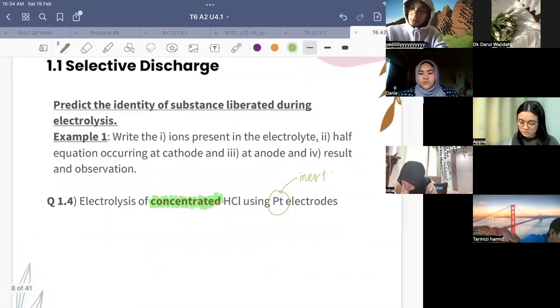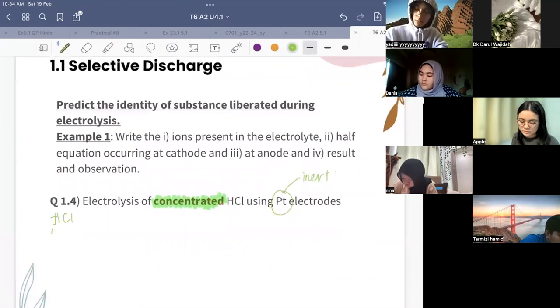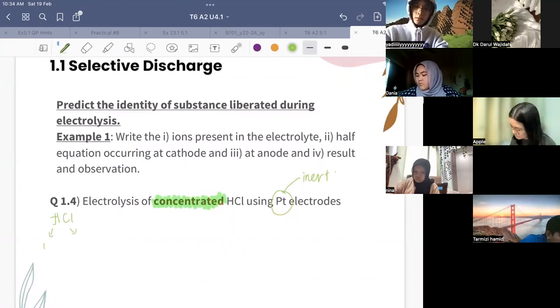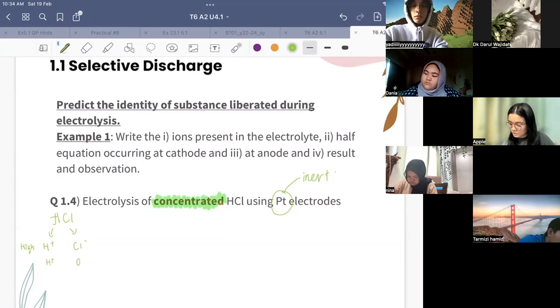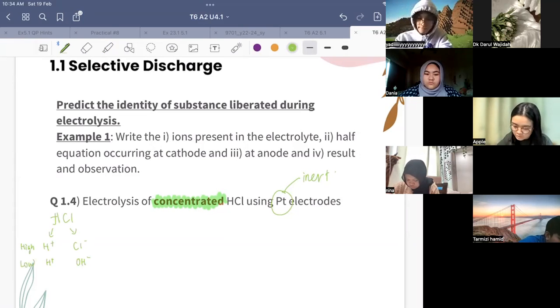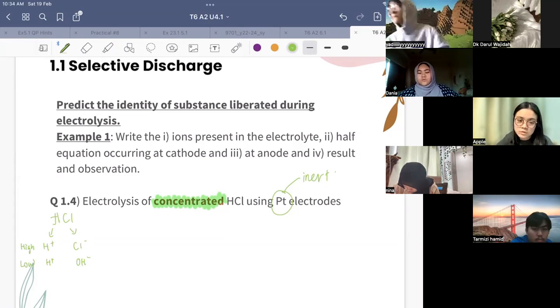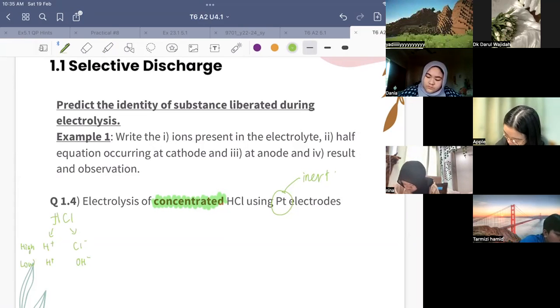So HCl concentrated means you have H+ and Cl- in high amount. You also have H+ and OH- in low amount. For your cations, there's no issue really, because you only have one choice, which is your hydrogen ion.